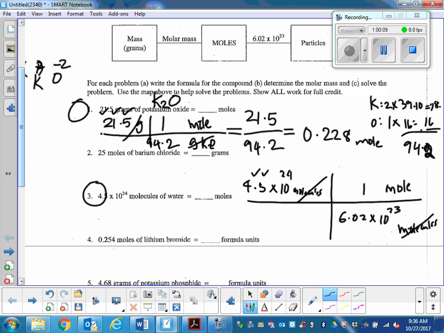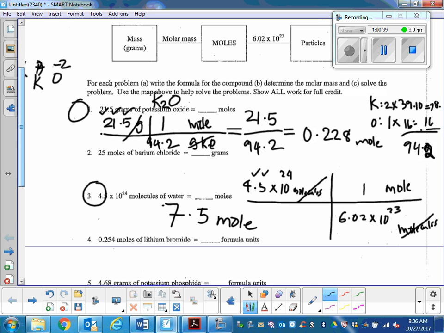If I divide, put it in a calculator, what is the answer? It's 0.75? Doesn't look right. That's a 24 and that's a 23. It's 7.5. 7.5 moles is the final answer when you divide.